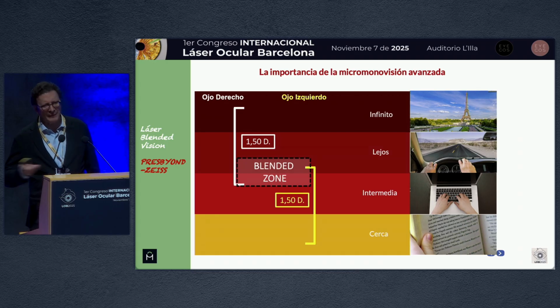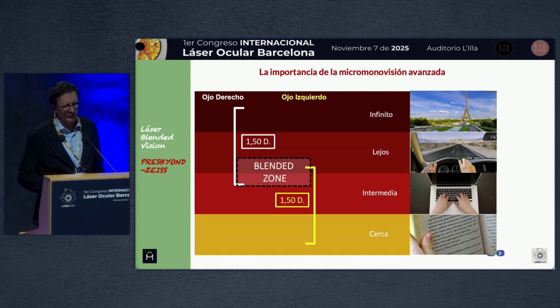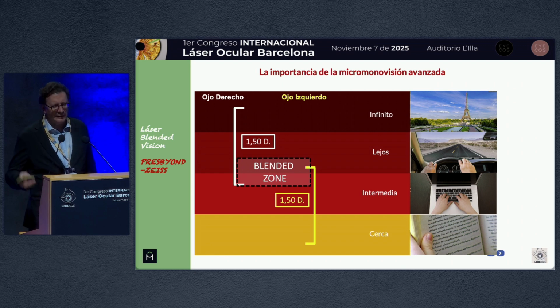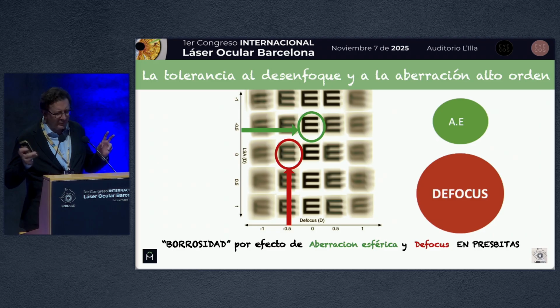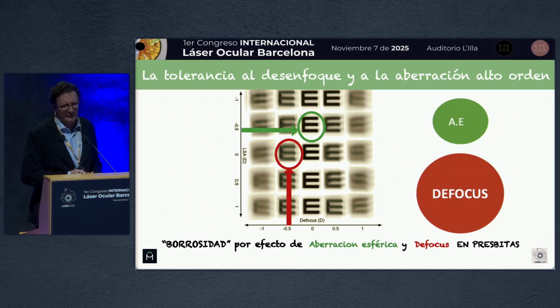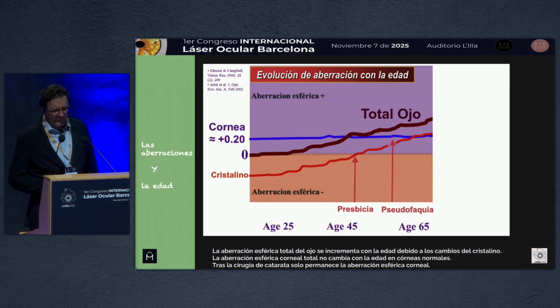And that's also for myopia, for hyperopia. These techniques are better than traditional monovision. That's the effect of the aberration. It's always less than defocus, because defocus creates more blurred vision, than aberrometric changes. So that's the area that we will be working on.